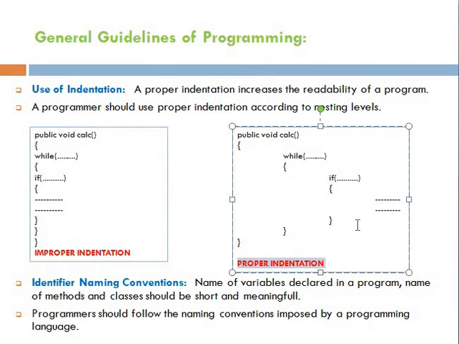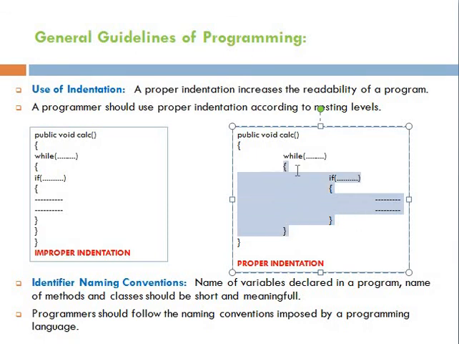But if you look at this piece of code, here the nesting level of the if statement as well as the nesting level of the while loop are properly indented. So this is the portion of the if statement inside this method called public void calc, and the nesting level is properly indented.